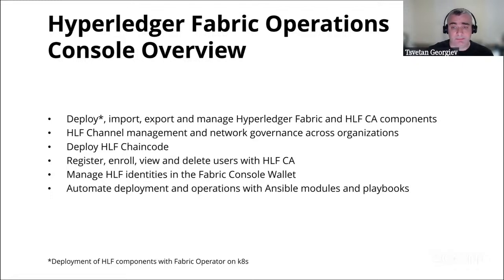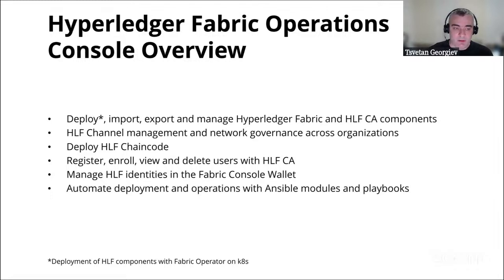They're in their own blocks, and the Fabric Operation Console allows you to have that governance process going on, where those consoles can talk to each other to exchange information about the network, the certificates, and all of those assets that are required to organize and manage the participation on a particular channel.